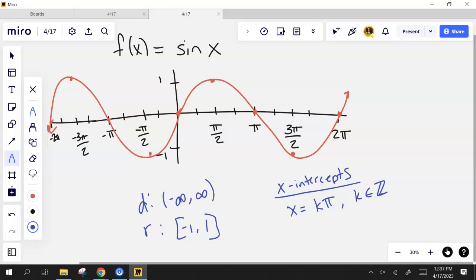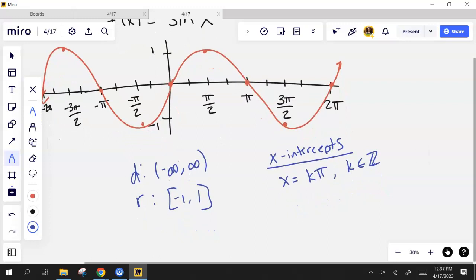Remember that? It was like a C with a line through it. It says k is a member of the integer family. So it means the x-intercepts are happening at, if you take any integer in the world and times it by pi, that's where my x-intercepts are happening. So 1 pi, 2 pi, 3 pi, 4 pi, 5 pi, and so on. Or negative pi. Does that make sense?